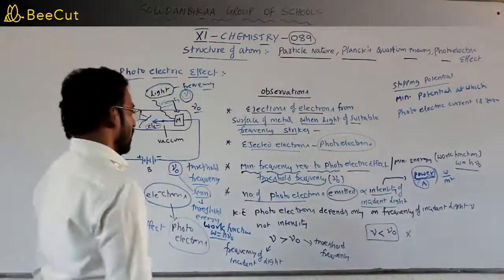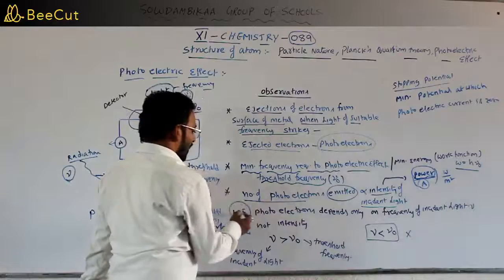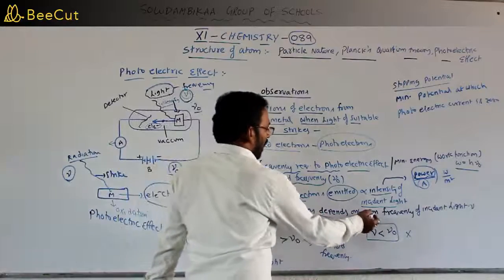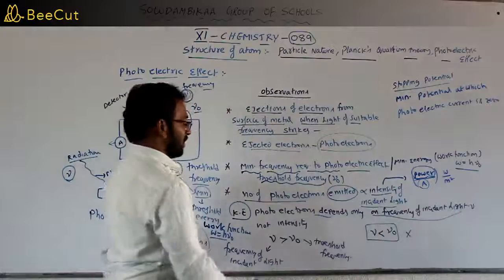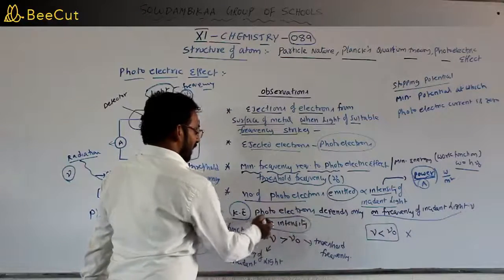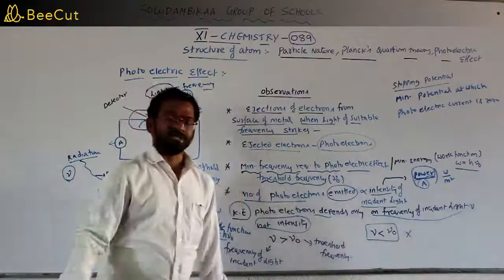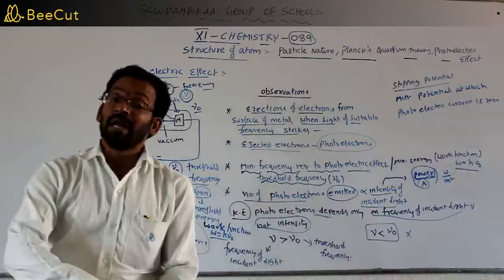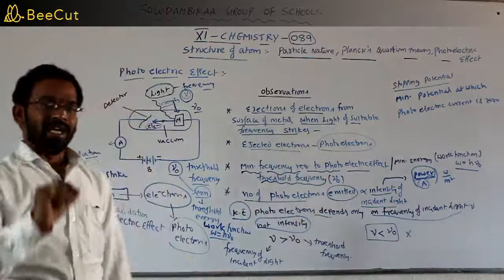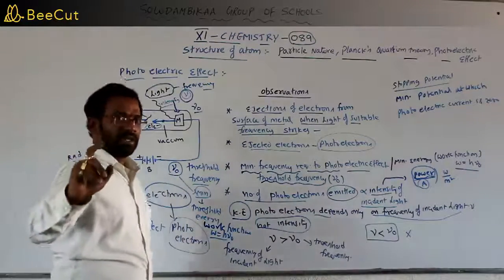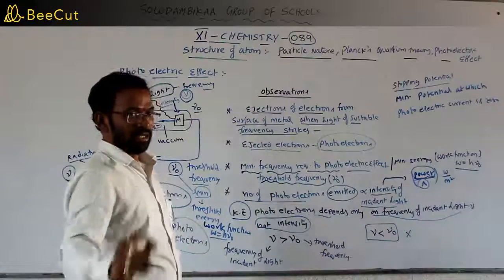Here, the kinetic energy of photoelectrons depends only on the frequency of incident light but not on the intensity of the incident light. This is a very important point. The number of photoelectrons emitted depends on intensity but not the kinetic energy of the emitted electron.